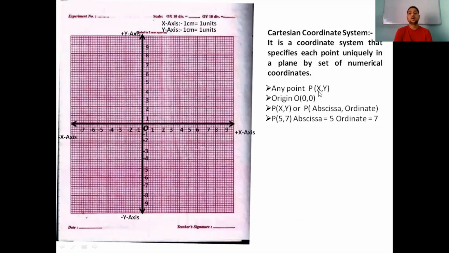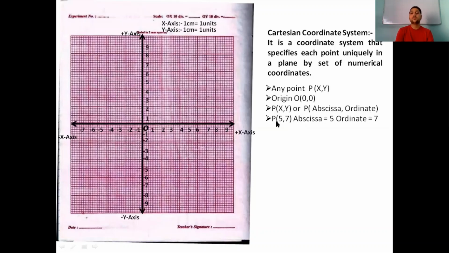That means this is the x coordinate and this is the y coordinate of your point P. Then we have the origin. Origin O has coordinate 0, 0. That means at this point O, x is equal to 0 and y is also equal to 0.